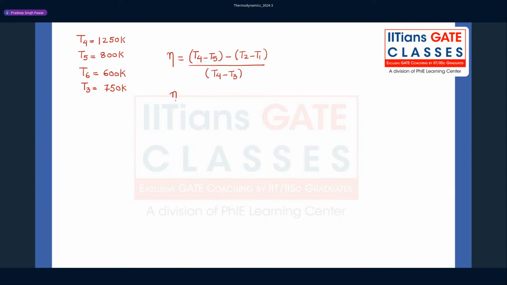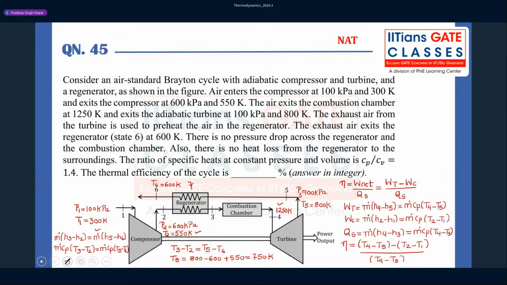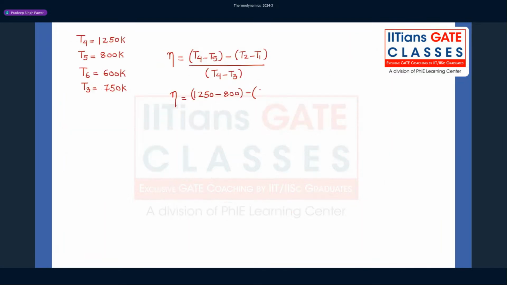Let's substitute this relation. 1250 minus 800, minus, how much is T2? Let's look at T2. T2 is 550, T1 is 300. So 550 minus 300, upon 1250 minus 750, as T4 is 1250 and T3 is 750.